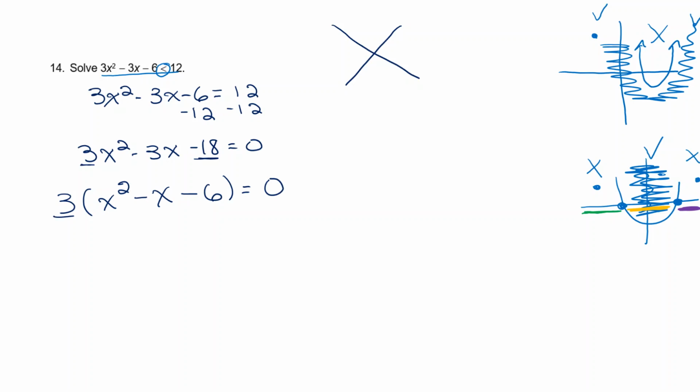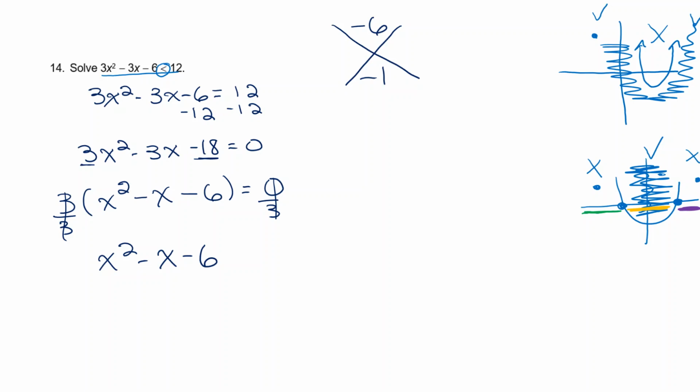Okay? And then I could actually divide both sides by 3, and that eliminates my 3 in my equation for right now. So I end up with x squared minus x minus 6. So I'm going to think, what 2 numbers multiply together to get negative 6 and add together to get negative 1? All right, well, that should be pretty easy for you.